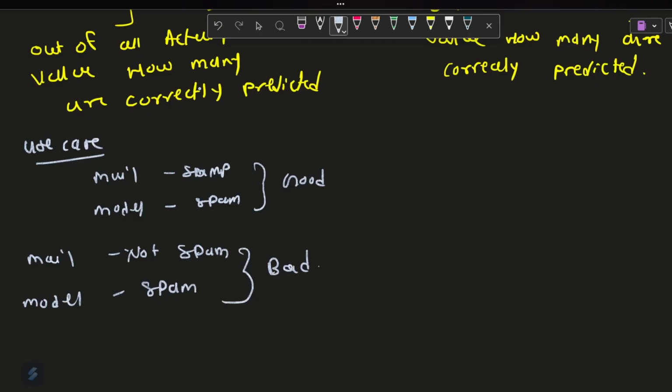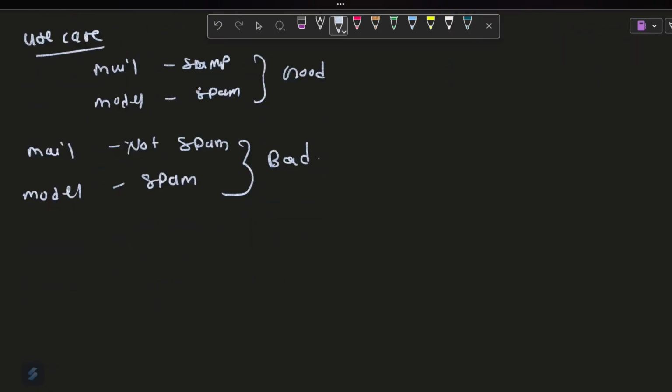So let's understand with the graph. In that particular case, you use precision, because you know the formula and the concepts.